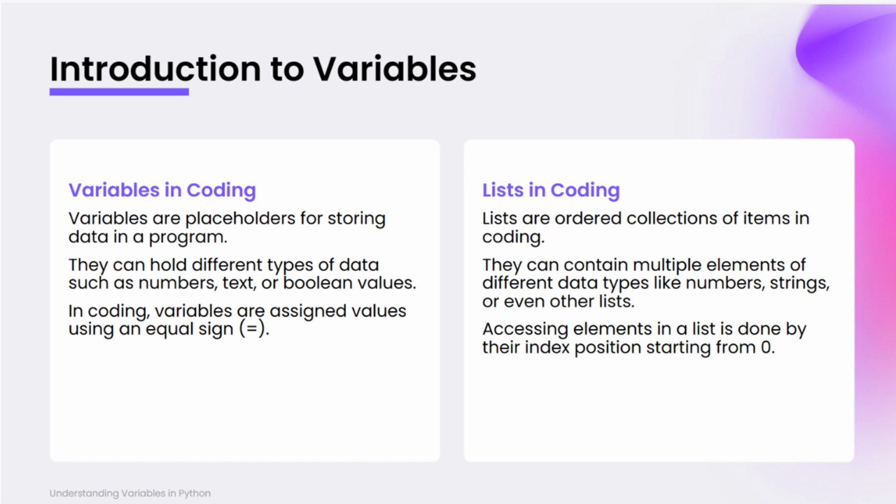And then we have lists, which are ordered collections of items in coding. They contain multiple elements of different data types like numbers, strings, or even other lists. Accessing elements in a list is done by their index position starting from 0.